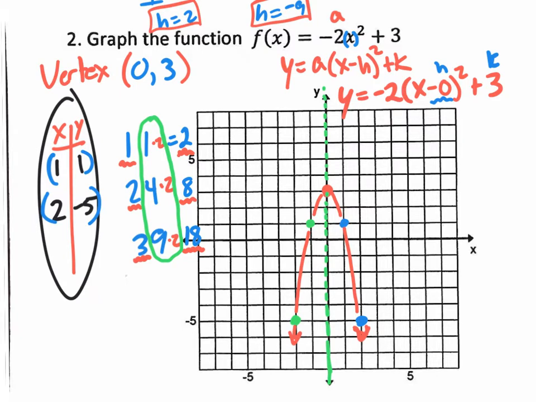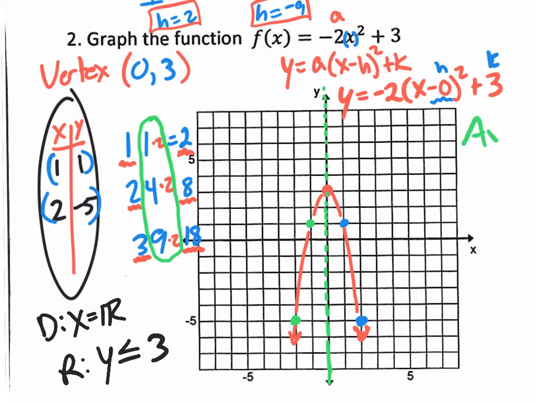A couple other things that you could state that they might ask on the final exam is, what's the domain of this thing? X equals all real numbers. How about the range? What's the range of this thing? Y is less than or equal to the Y value of your vertex, which is 3. How about the axis of symmetry equation?